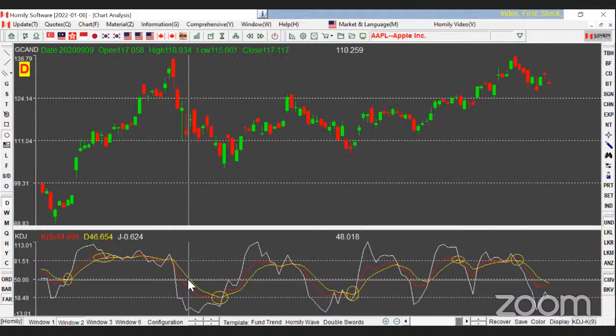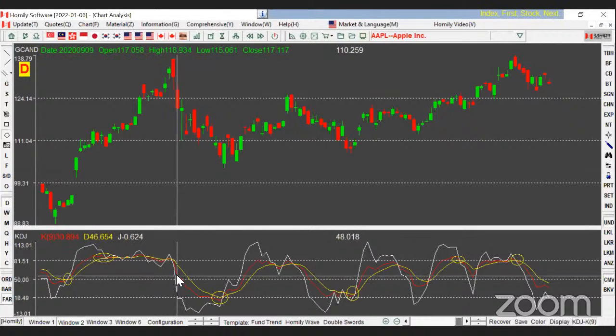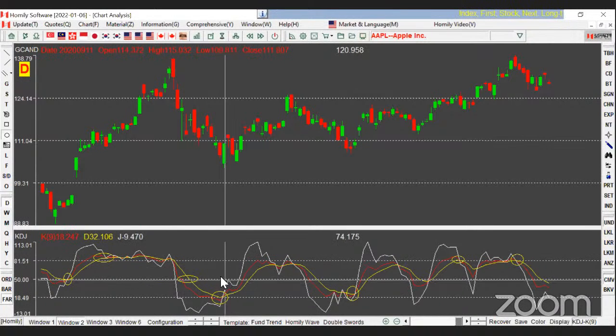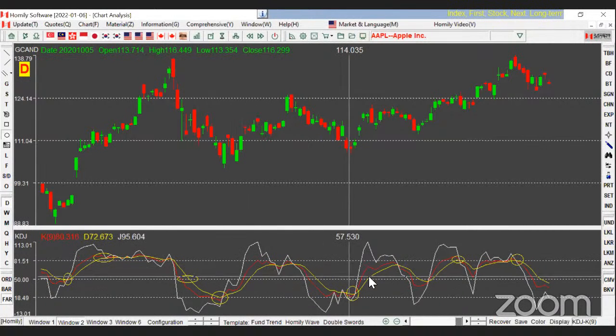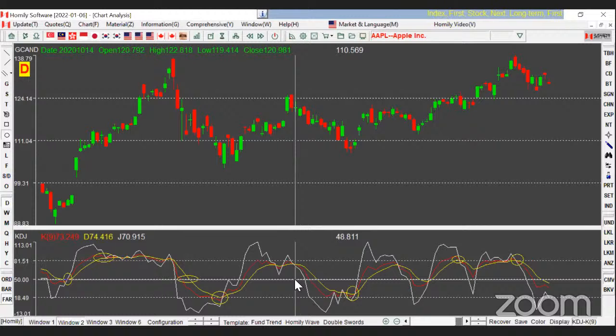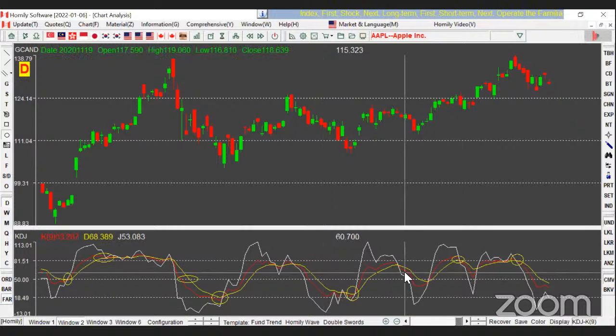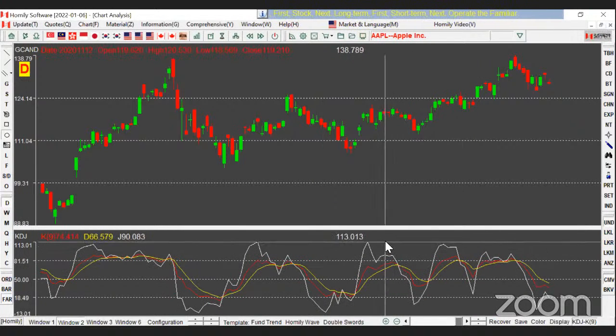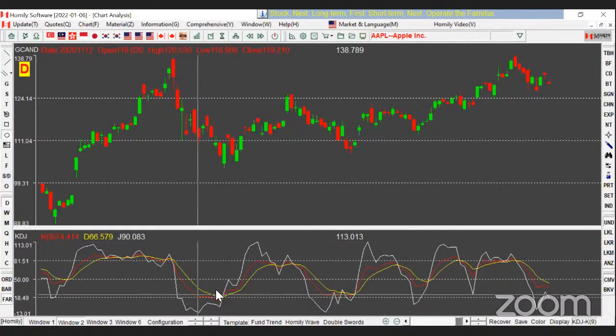Around here, K and D drop below 50, then turn weak, right? Turn weak. So 50 is the level to check whether or not the upward momentum of the price is strong. K and D below means it's weak, above means it's strong. Okay, so this is about the 3 key values for KDJ.